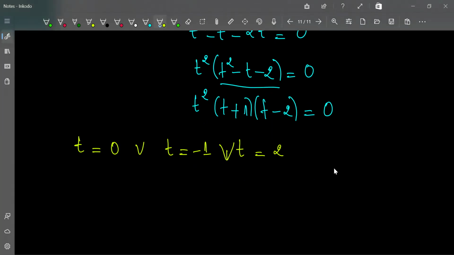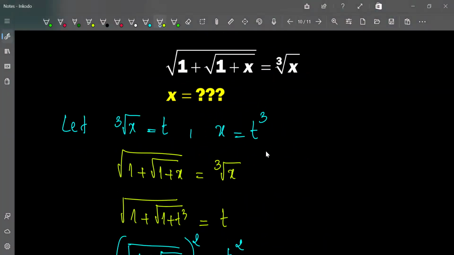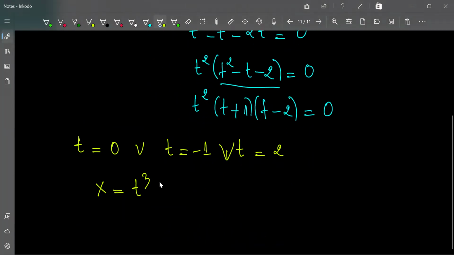Okay, so for the next step we need to find the value of x. We know x is equal to t cubed. Sorry, t cubed, not t squared. So now, if t equals 0, then x equals 0.